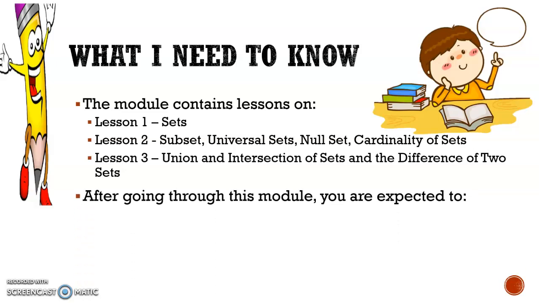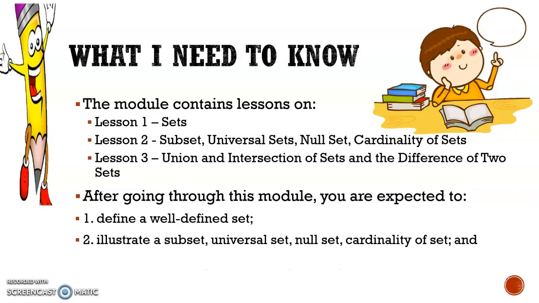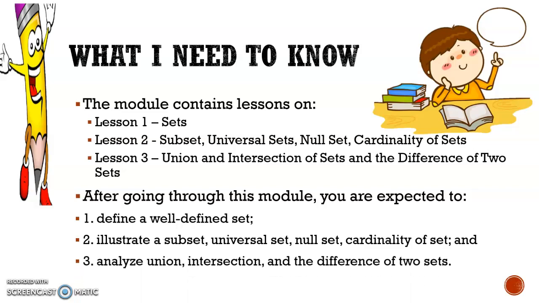After going through this module, you are expected to define a well-defined set, illustrate a subset, universal set, null set, and cardinality of a set, and analyze union, intersection, and the difference of two sets.